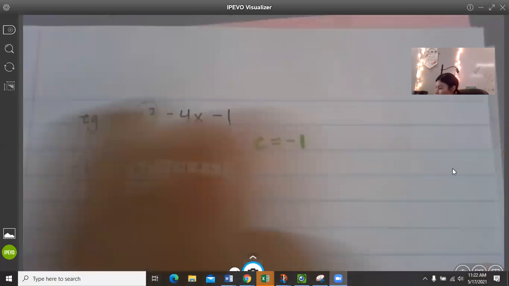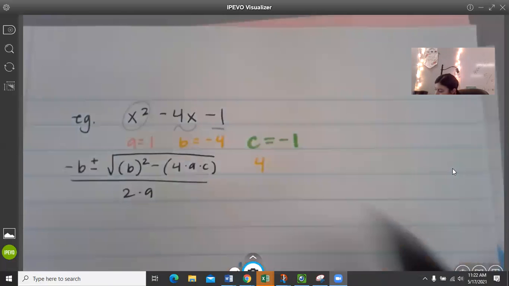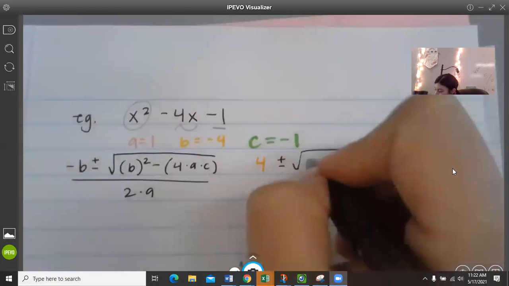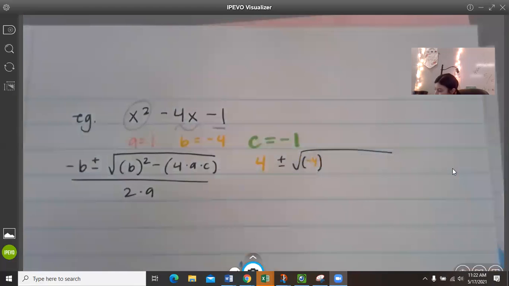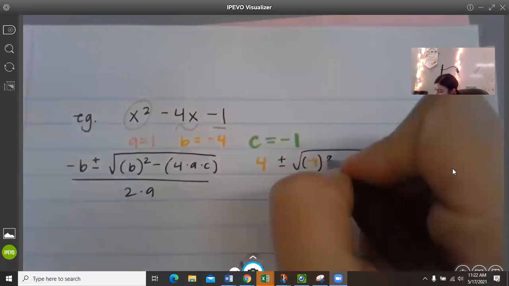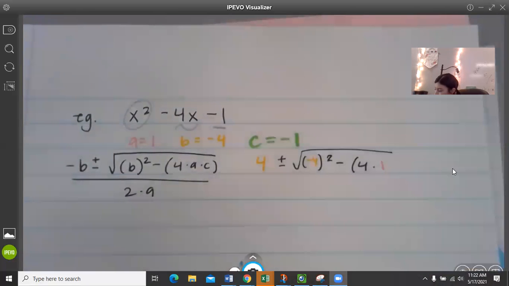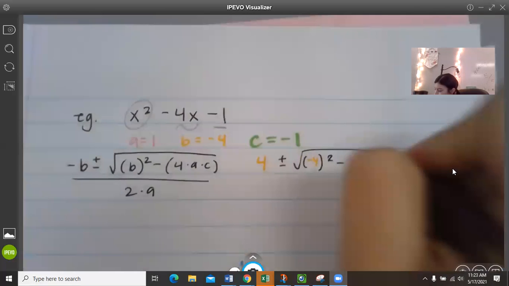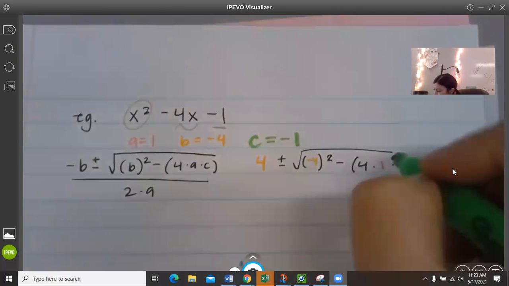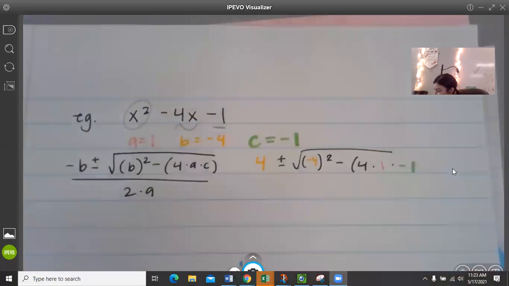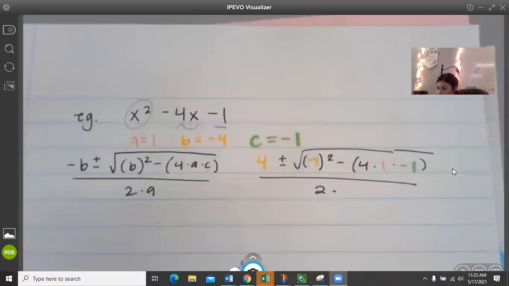Okay, so I changed the sign of B, so it's going to be 4 plus minus square root of parentheses, the -4 squared minus 4 times the A, which is 1, times the C, which is -1, all divided by 2 times the A, which is 1.